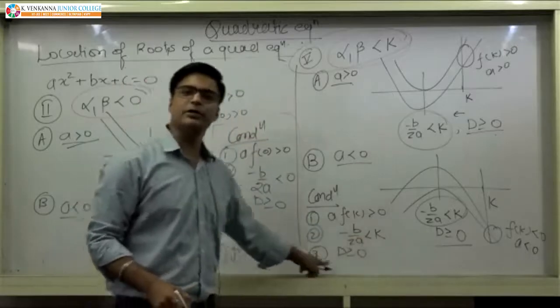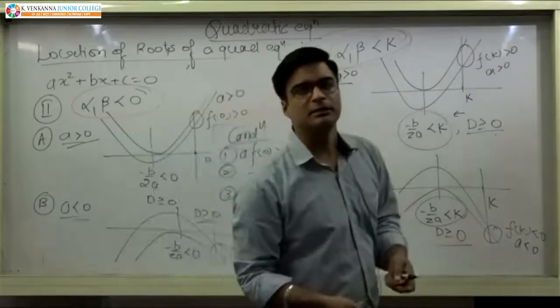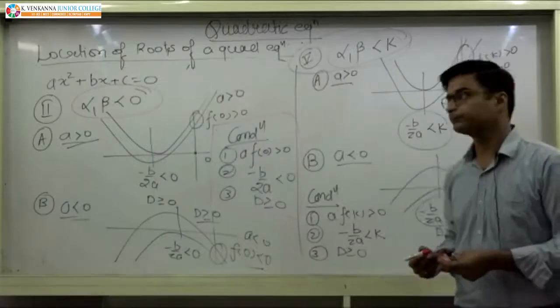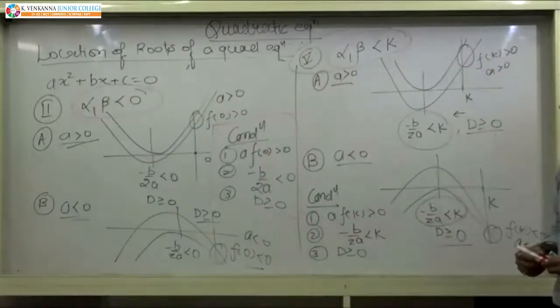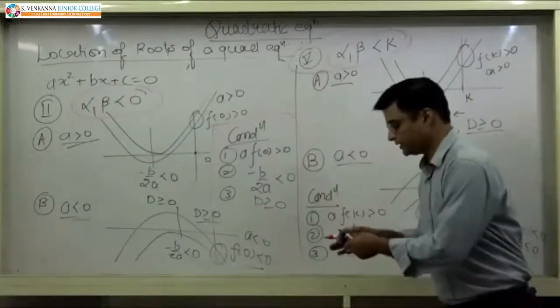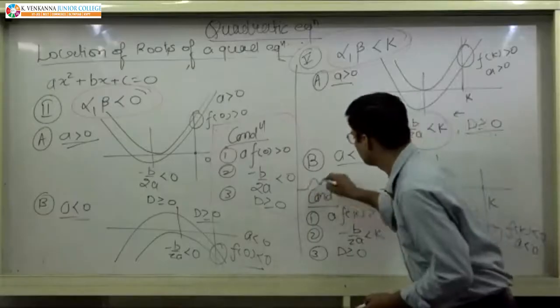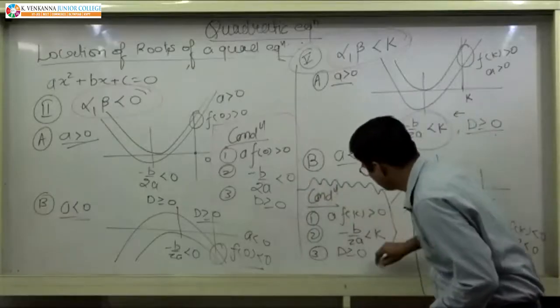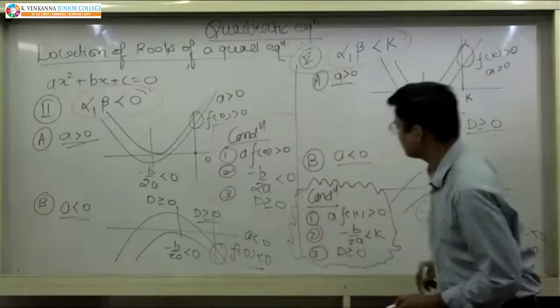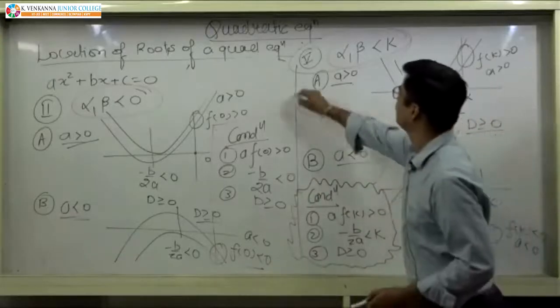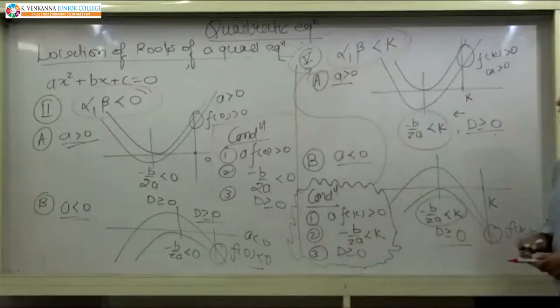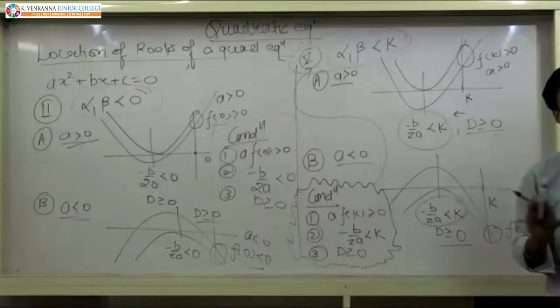D greater than or equal to 0, D greater than or equal to 0. So these are similar cases. So this is our final condition for alpha, beta lesser than k. Remember this. Is it clear?